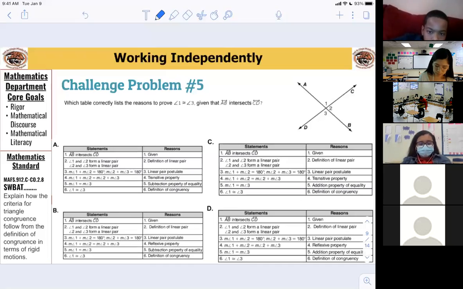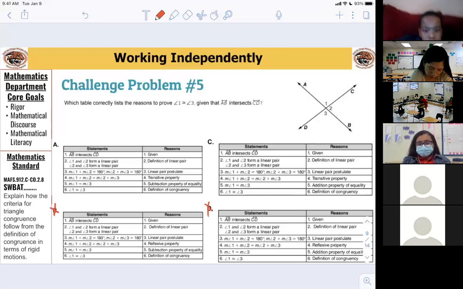B and D are wrong, because it says reflexive property, but it's talking about angles. Angles can't be reflexive, only the side lengths. You're correct. Reflexive property only matters when we're talking about a side length. So that's out.